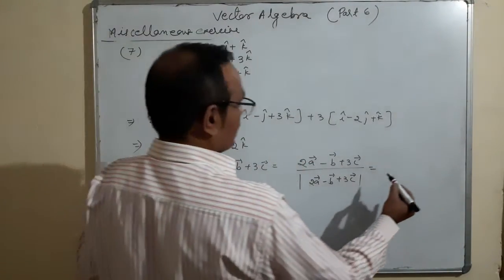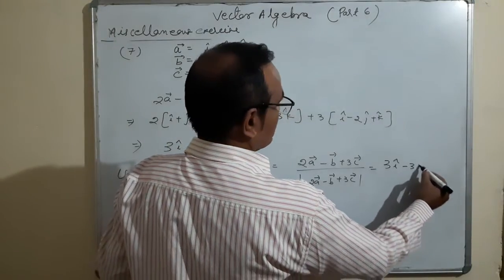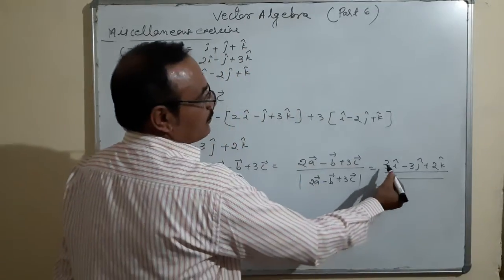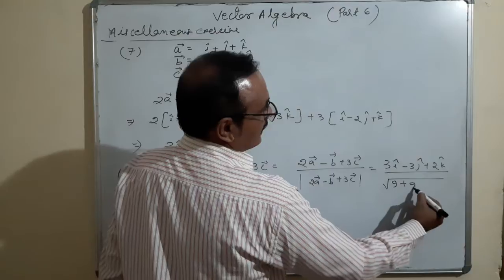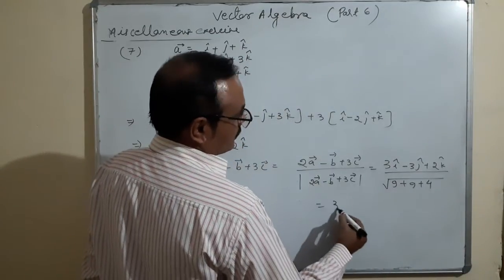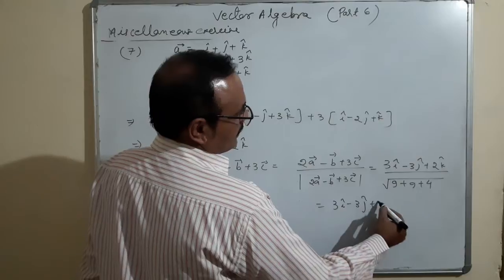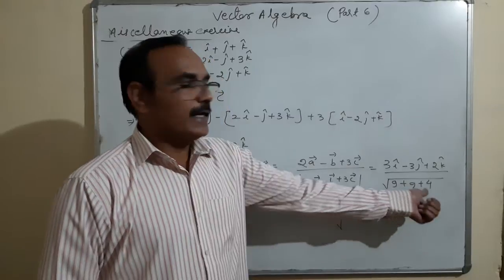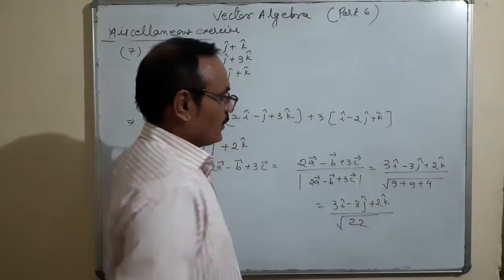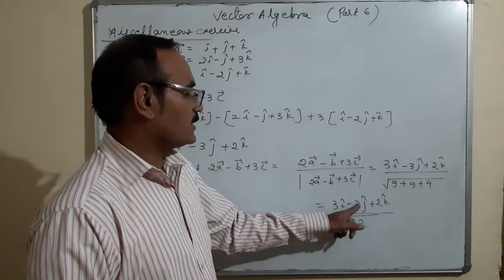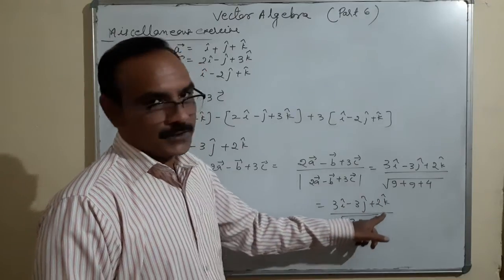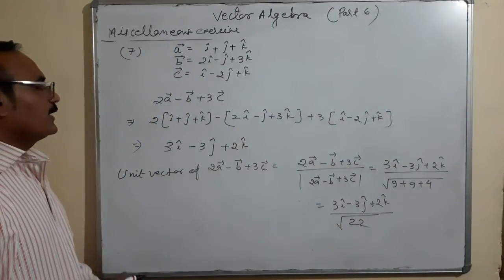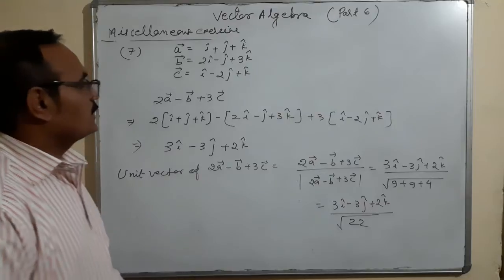Already we have got it: 3i minus 3j plus 2k upon its magnitude, which is root of 9 plus 9 plus 4, that is 22. So 3 upon root 22 i minus 3 upon root 22 j plus 2 upon root 22 k. This is the unit vector parallel to the vector 2a minus b plus 3c.